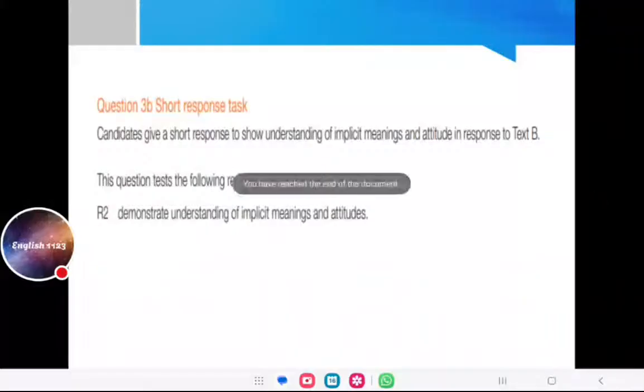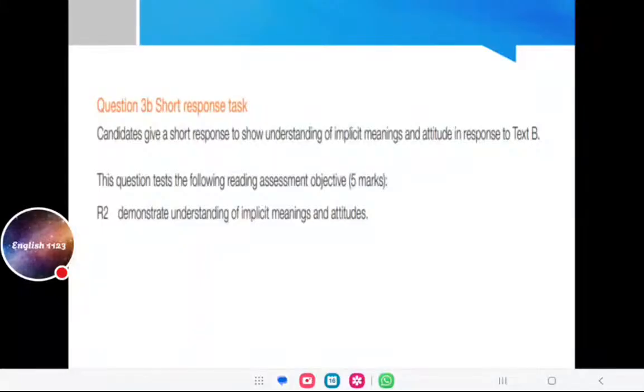So this was the syllabus review of P1. Just a recap: in P1 we have 2 hours for doing the paper. We have 50 marks in it, and we have two topics: comprehension and use of language, and summary writing and short response.